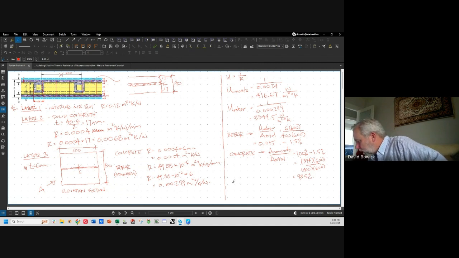And so the U value of the layer equals 1.5% times the U value of the rebar, 3344.5, plus 98.5% times the U value of the concrete, 416.7.